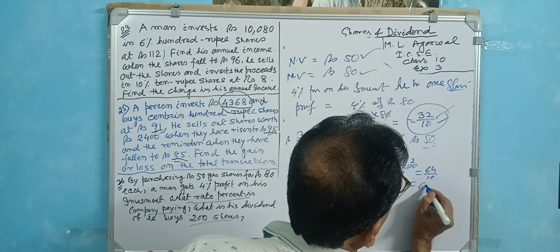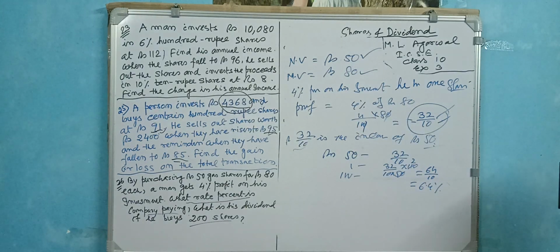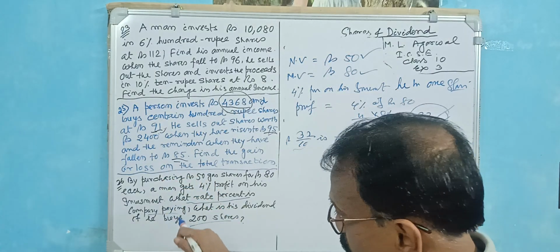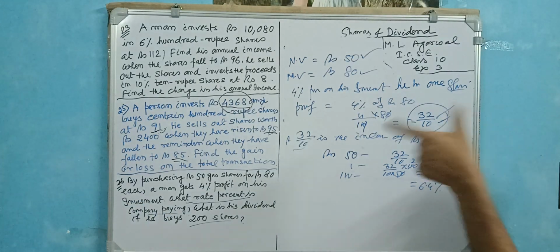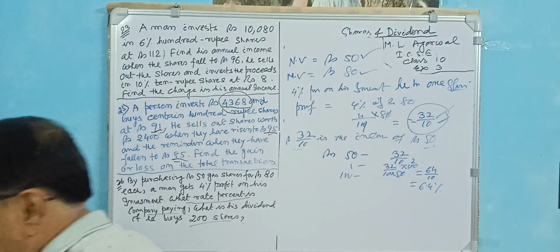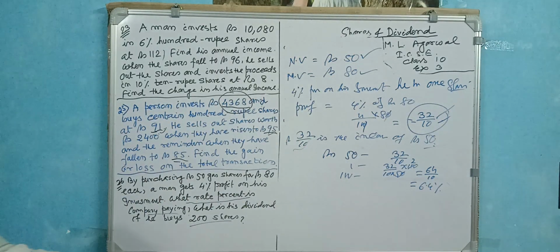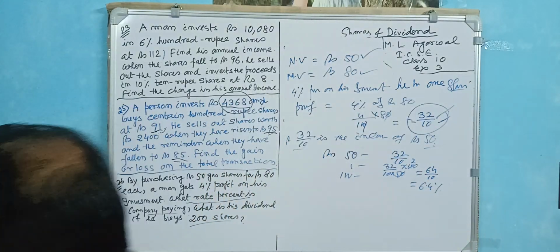That means 6.4% is the dividend. That is very important. What rate percent is the company paying? Rate percent the company is paying means the dividend. So 6.4% is the dividend. Clear? No problem.